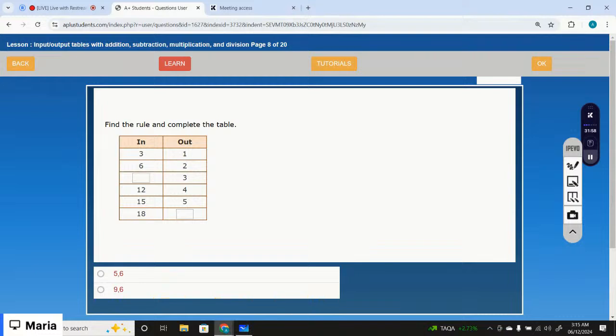The correct option is 9 and 6. Option number 2 is the correct option.